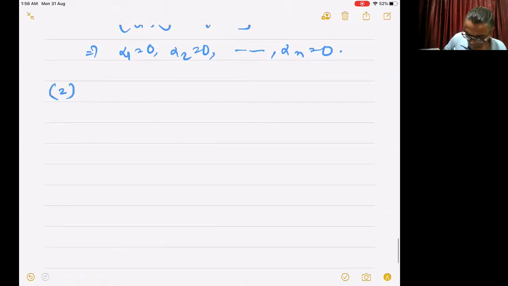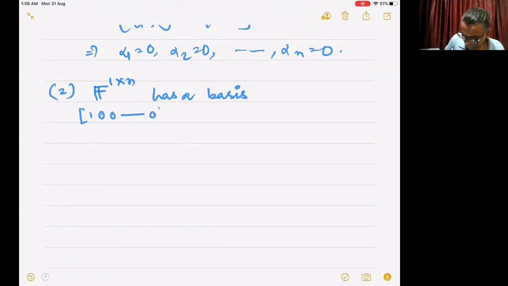Example number 2 is, once again, if I have F1 cross n, that is row vectors, then F1 cross n has a basis given by 1 0 0 all zeros, 0 1 0 all zeros, dot dot dot, 0 0 0 and 1.